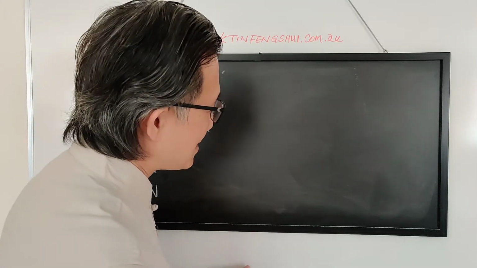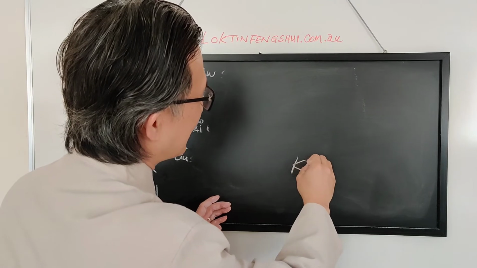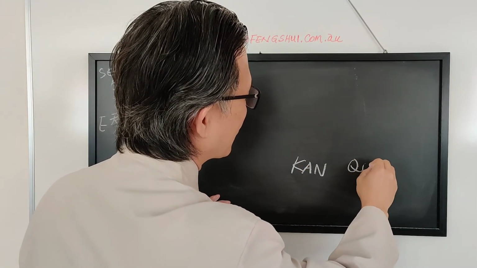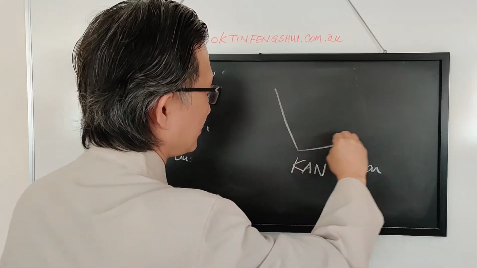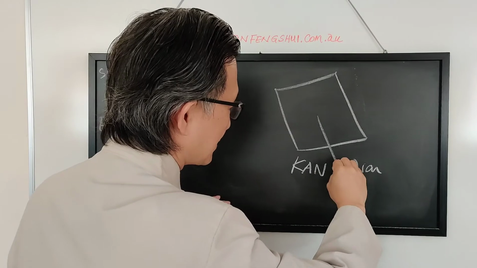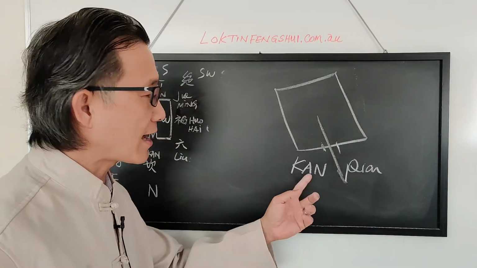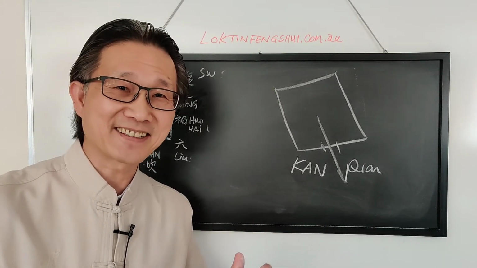For example, let's say a house, this is the Kan gua and this is the Qian gua, and the house is facing this direction, and when your door opens, half on the Qian and half on the Kan, what do you do? That's very confusing, isn't it?